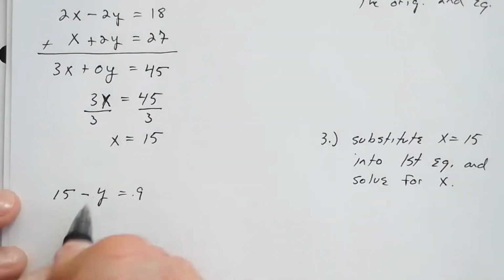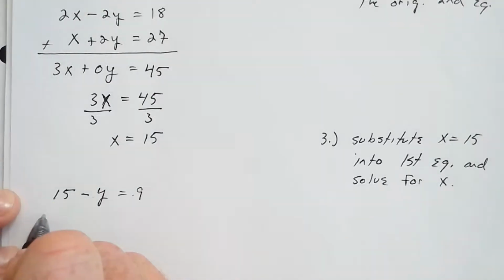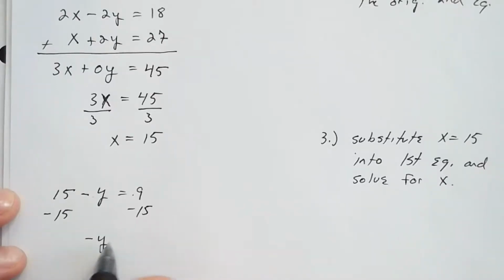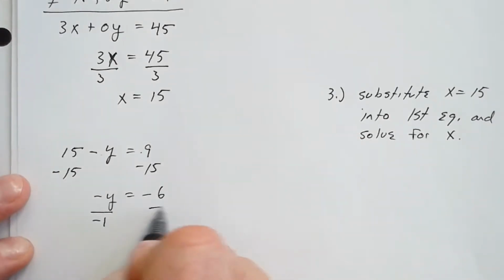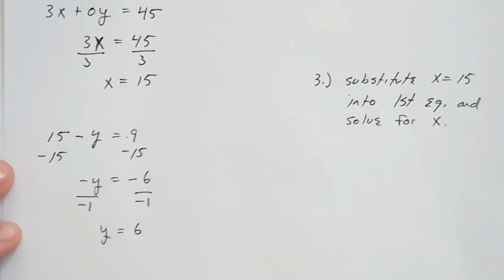We can subtract 15 from both sides, so that we're left with negative y is equal to -6. So now we divide through by -1, and we're left with y is equal to 6.